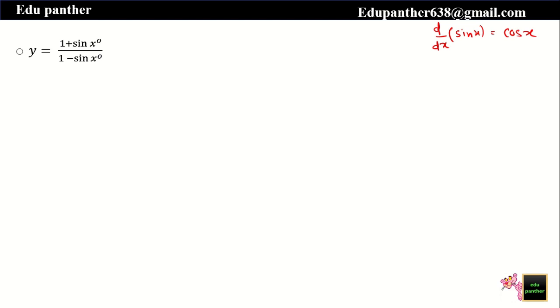But now what we have to remember here, it is not mentioned, but we should remember that this angle x, which is there in sine as well as in cos, is by default in radians, not in degrees. So if we have to differentiate any trigonometric function, sine, cos, tan, its angle should be in radians.